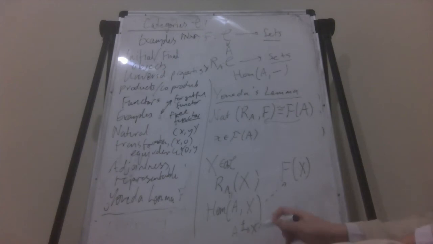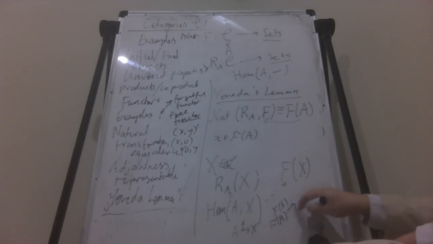One thing you can do is you can take A to X and you can take F of that, yeah? And if you take F of that, you get a map from F of A to F of X. Okay, so that's a function between two sets.